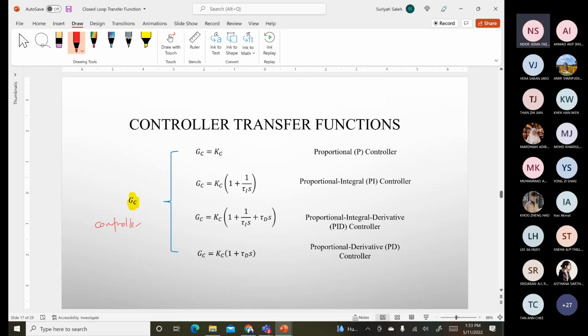So there are 4 types. The first one is the simple one, what we call the proportional controller, where you have GC equal to KC. The KC here represents the controller gain.